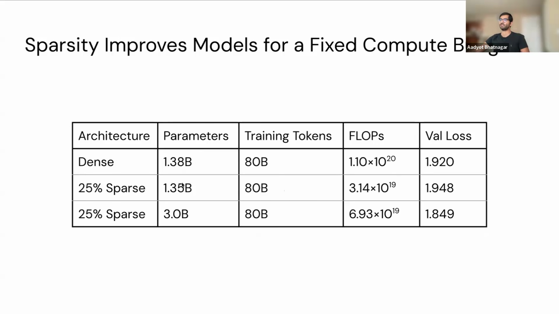So if instead we take this 1.3 billion parameter model and scale it up to 3 billion parameters, we're still using about half the flops of our dense model, but we get a much lower validation loss. And so that suggests that sparsity gives you more or less a free efficiency boost to your model and lets you scale a lot bigger than you might otherwise have with a dense model.